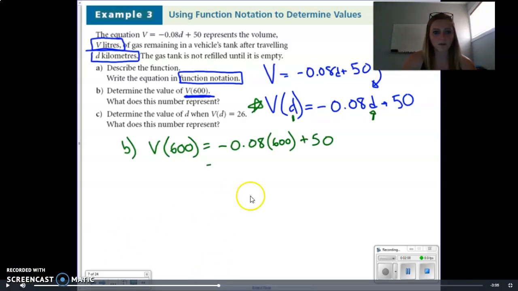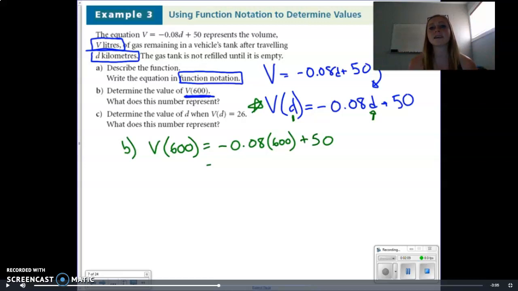So, all right. Part B, determine the value of V at 600. So what if 600 kilometers were traveled? If you substitute 600 in for D, what is your volume going to be? So think about a gas tank of a vehicle.